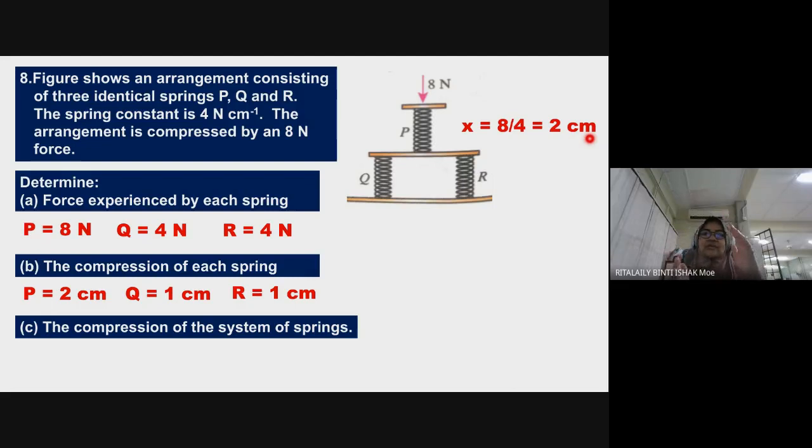What is the total compression? 3 cm. Okay, any other answers? Everyone answered 3 cm. Yes, because this is 2 and this is 1, so the total compression is 3 cm. Okay, very good.